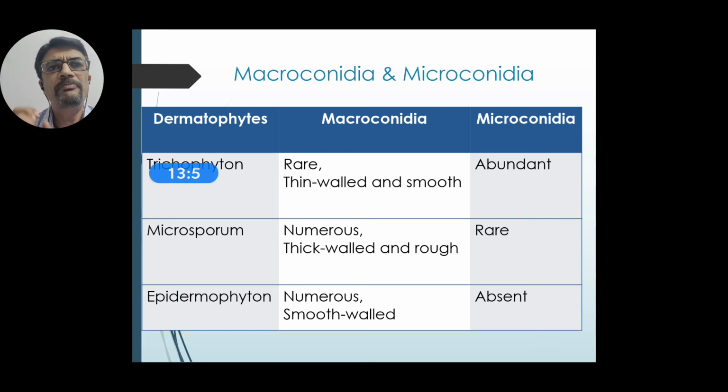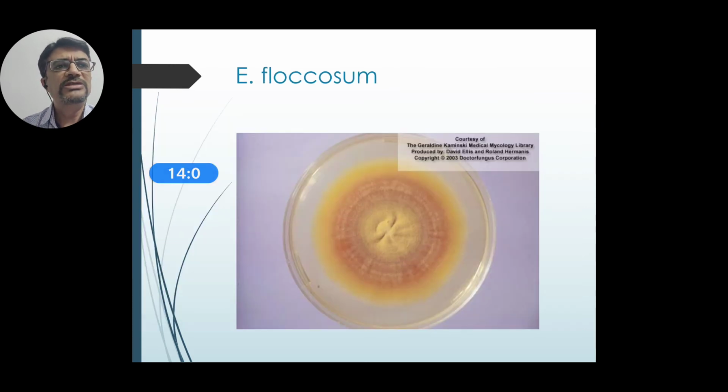We will see the real picture which you can see in the lactophenol cotton blue preparation. When the fungus grows and you prepare it for the microscope with the help of lactophenol, this is Epidermophyton floccosum. This is its growth on Sabouraud agar.